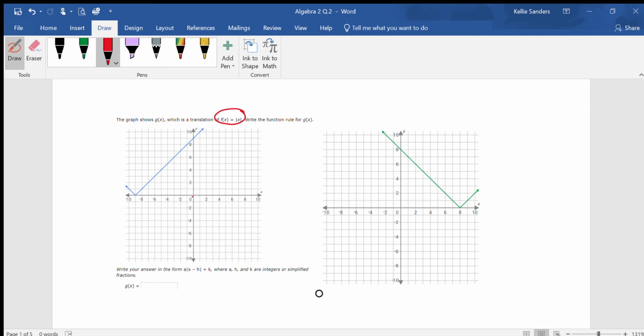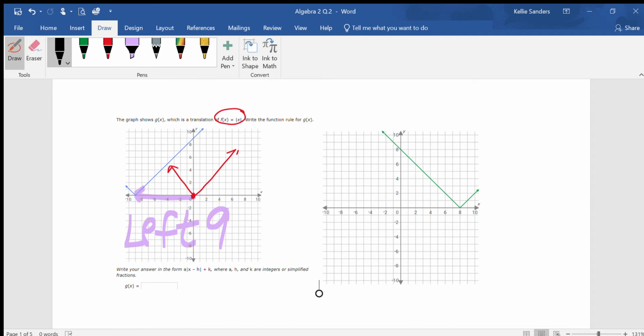So if our original absolute value graph was supposed to look like the red, and it always starts at 0, 0, what do we do to get to the new vertex, what do we do to get there? We went to the left 9, right? Everything else is exactly the same, but we shifted it 9 to the left.